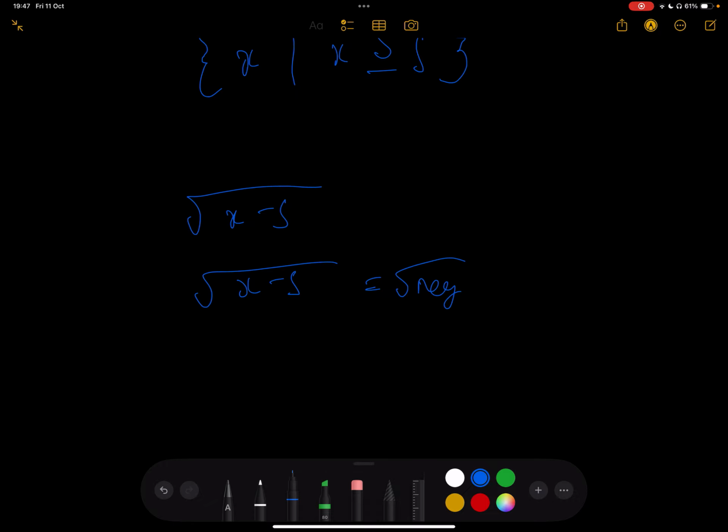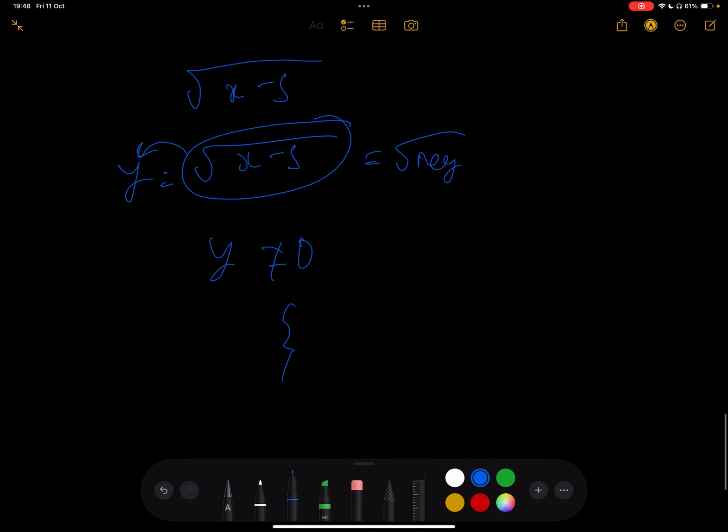So y has to be greater than 0, as y is equal to the square root of x minus 5. So y is undefined where root x minus 5 is less than 0 and negative. Therefore, y cannot equal 0, otherwise undefined. So we can write this range as y such that y cannot equal 0.